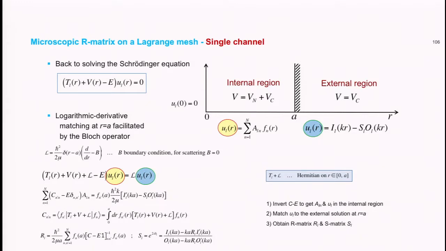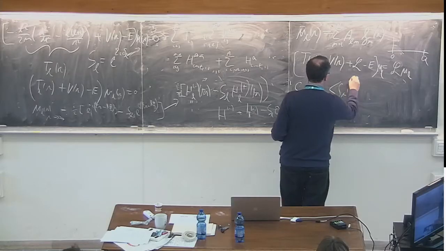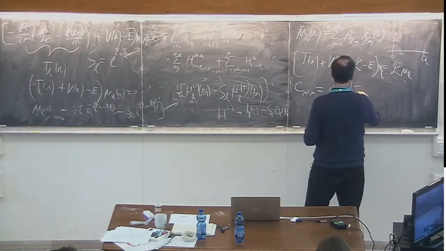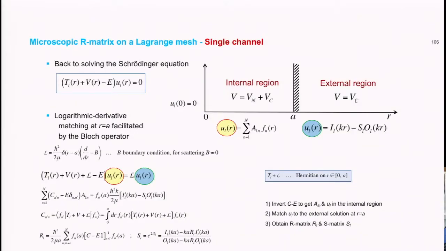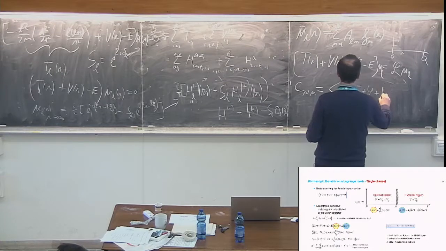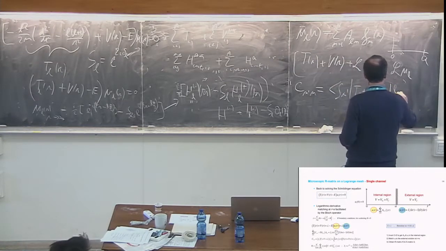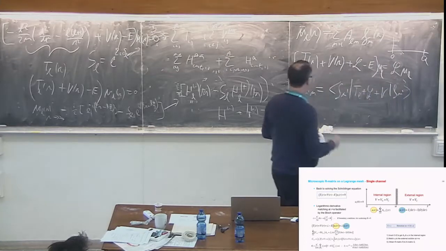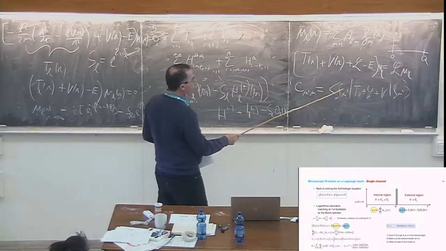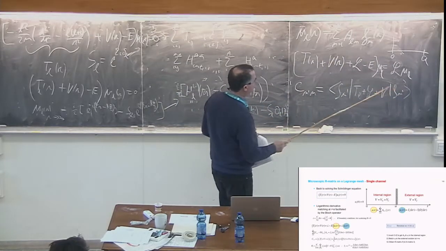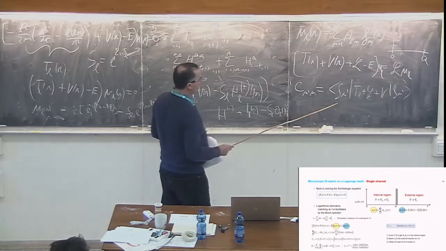First you introduce what is called the C matrix, C n prime n, which is just the matrix of T plus L plus V, and that's it. These are these Lagrange mesh functions, so this is straightforward to compute.